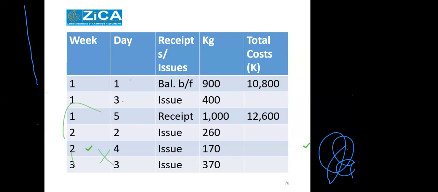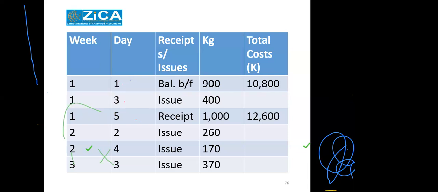Then on the 3rd day, which could be a Wednesday in week 1, since week 1, day 1 would have been Monday, they issued 400 from the 900. They issued 400 and 500 remained.